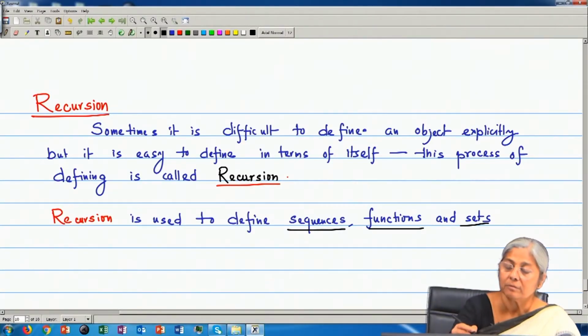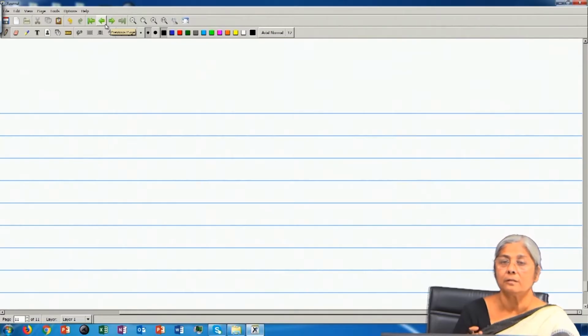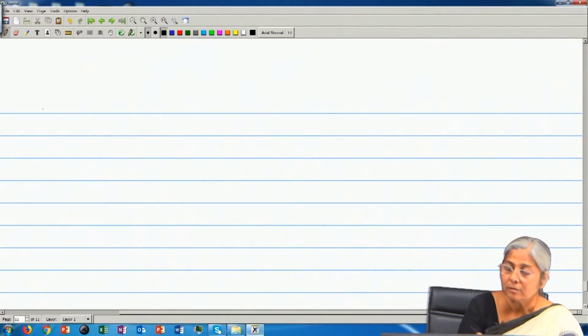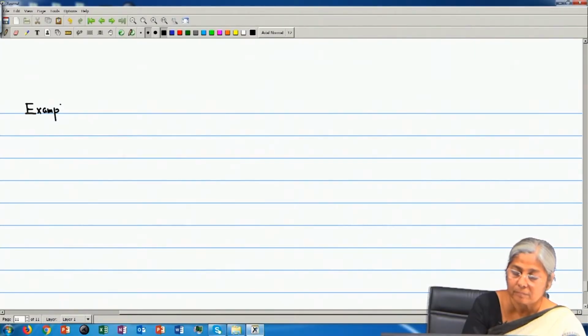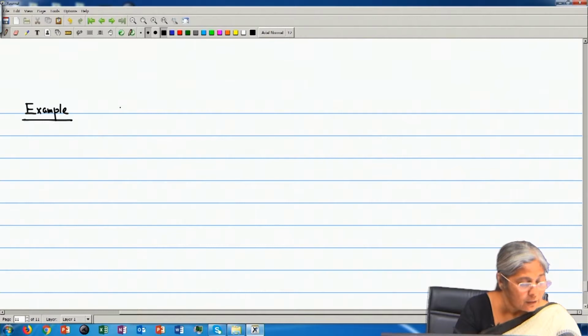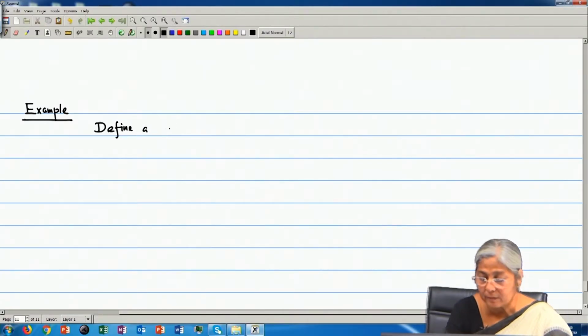Now, we take one simple example to illustrate the concept of recursion. We define a sequence of powers of 2.